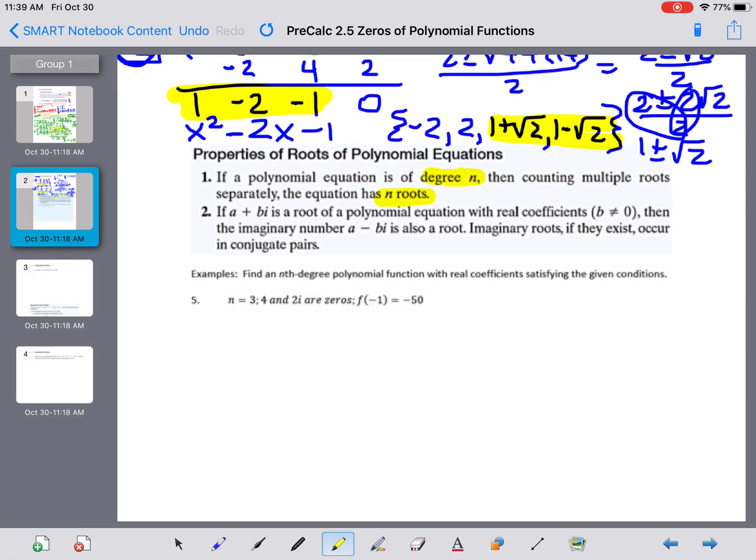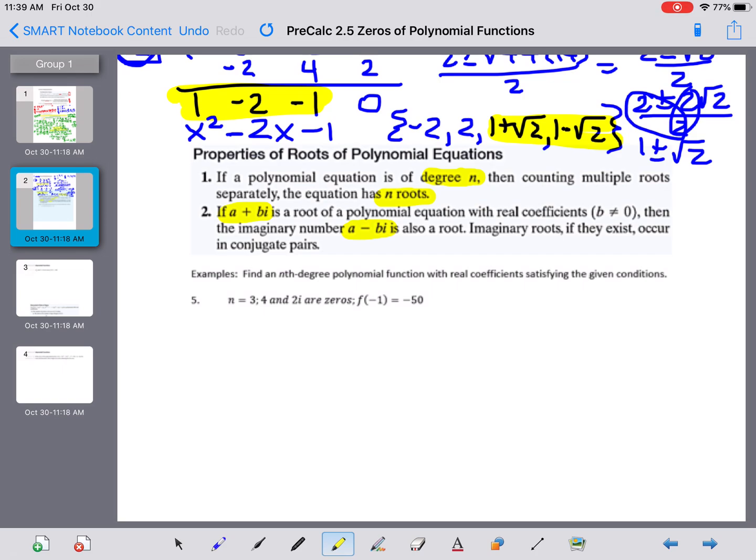One of the key ideas when we go into complex roots is that if a plus bi is a root, a complex number with the imaginary part, then a minus bi will also be a root. And remember, on the problem above, I said just because 2 is a root doesn't mean negative 2 works, but in that case it did.